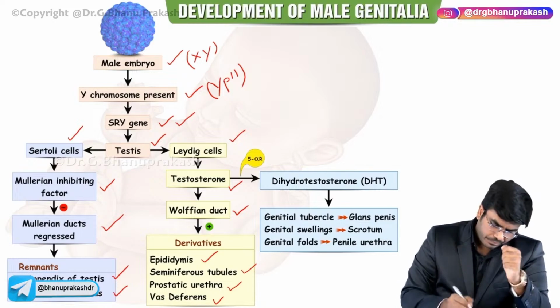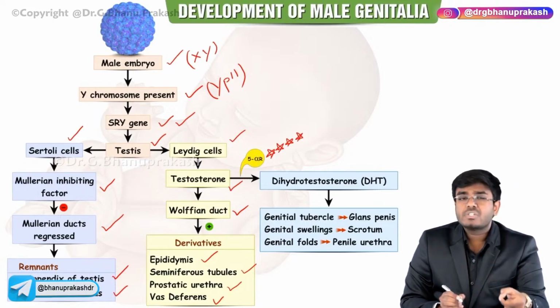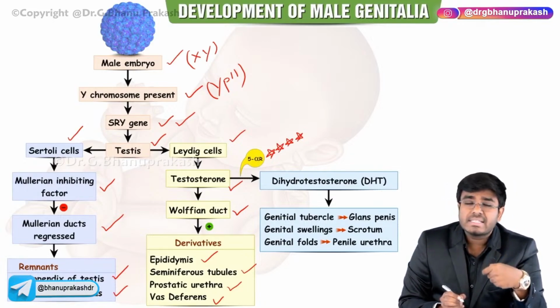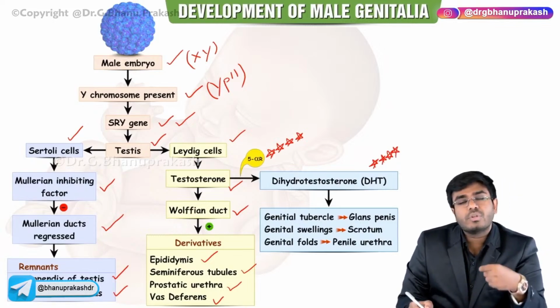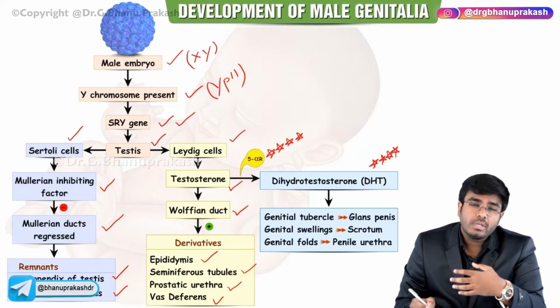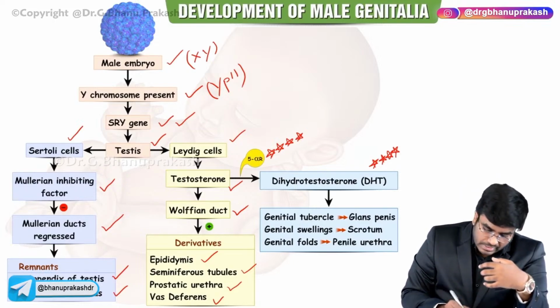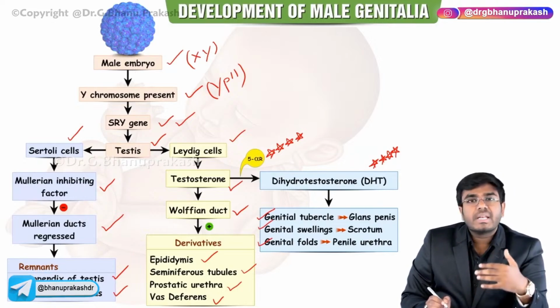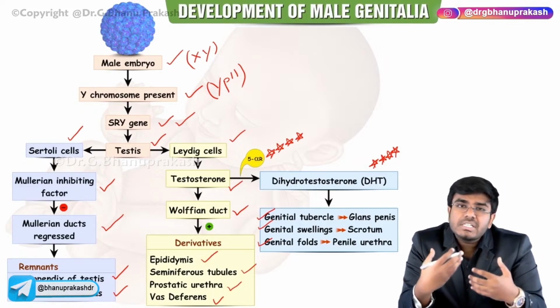Now, some amount of this testosterone, with the help of an enzyme known as 5-alpha reductase, is converted into a potent form of testosterone, which is known as 5-dihydrotestosterone. This dihydrotestosterone is going to convert the embryological structures like genital tubercle, genital swellings and genital folds into male external genitalia.